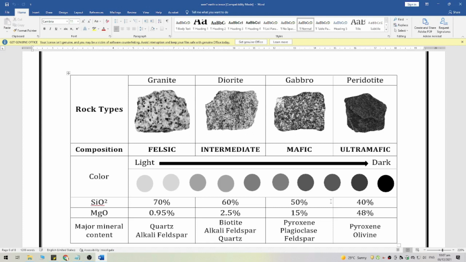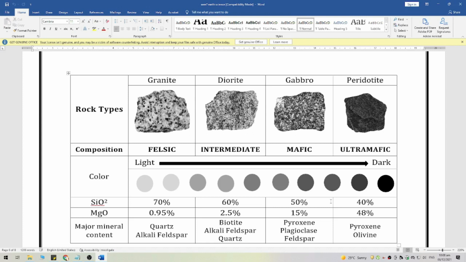Dyan makikita na kapag mas lighter ang rock, it presupposes that it is being composed mostly of the alkali or the quartz and feldspar, wherein if it becomes darker, kapag mas nagiging dark daw yung output ng let's say mga nag-cool na molten rocks, kapag mas dark, mas marami ang pyroxene and olivine.